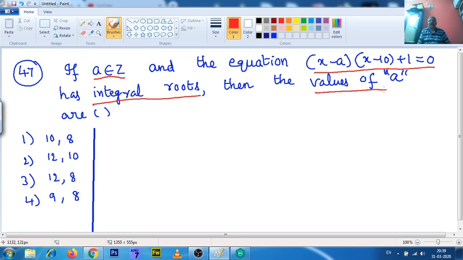The values of a we need to find out. So first of all take plus 1 to that side: (x minus a)(x minus 10) is equal to minus 1, then we need to write the cases. As for the cases, we need to find the integral values for a. Okay. So, now let us solve it.